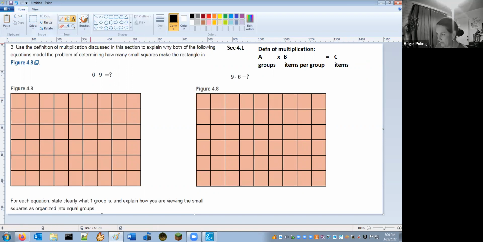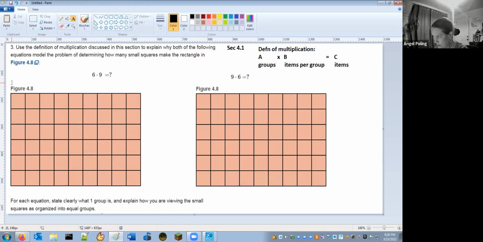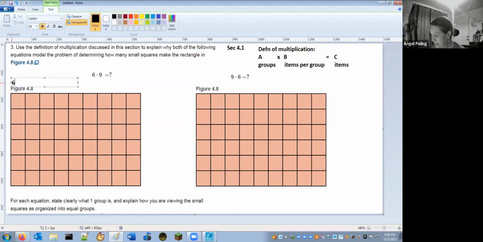We have 6 groups of 9 squares for our first expression. So here we will need 6 groups of 9 squares per group.